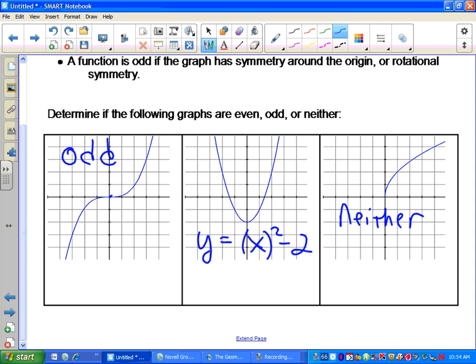Okay, so what we just figured out is, if I think of this x as a positive number and I put a negative x in there, what happens to that equation? Did it change?